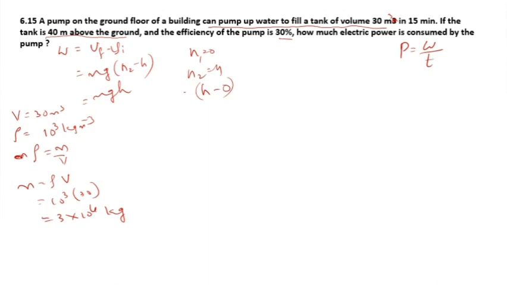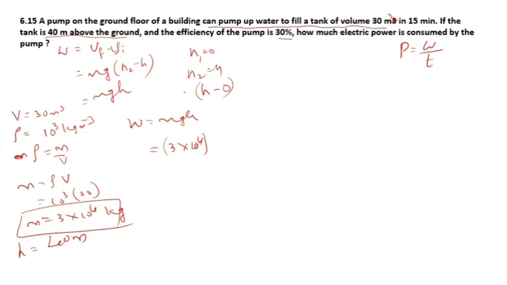Okay, and the height of the tank, h, is equal to how much? 40 meter. So finally W is equal to m into g into h. This is 3 into 10 to the power 4, and acceleration due to gravity is 10, and height is equal to 40.